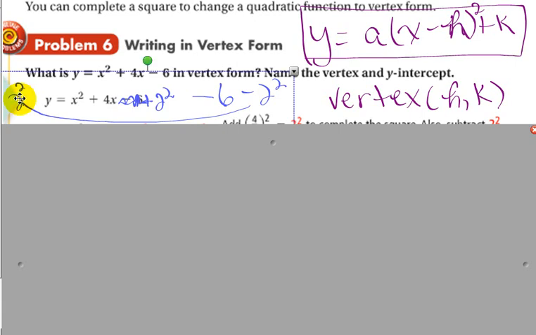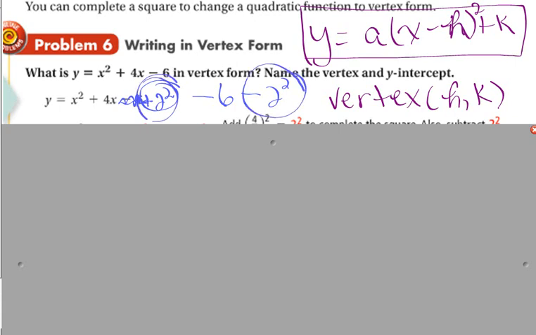So basically all we're doing is we're going to add the number, and then we're going to come over here and just take it away also. So what have I added to this side of the equation? 0, because I got a plus 2 squared, and then I have a minus 2 squared. So basically I just added 0 to this equation, but I made 0 fit our needs to complete the square.